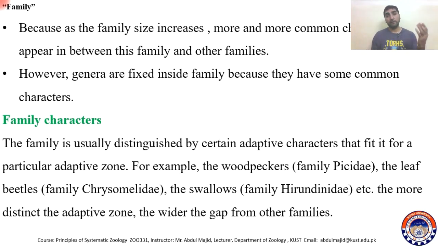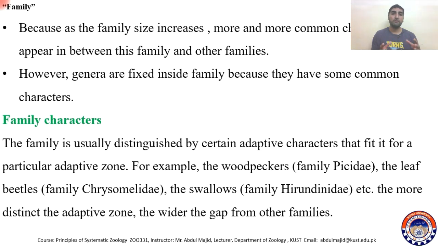Another common example is the Ratitae, the flightless birds. Ratitae is not just a few birds. Ostriches belong to Ratitae, kiwis belong to Ratitae, rheas belong to Ratitae, cassowaries belong to Ratitae.